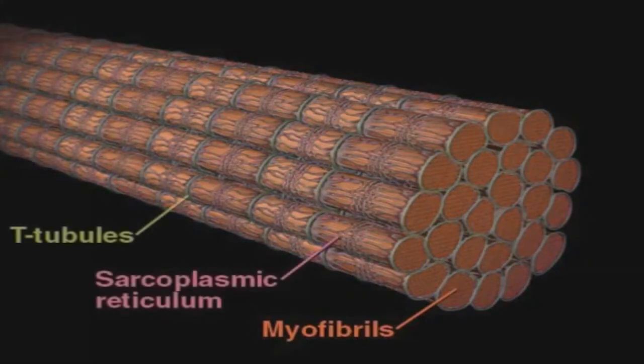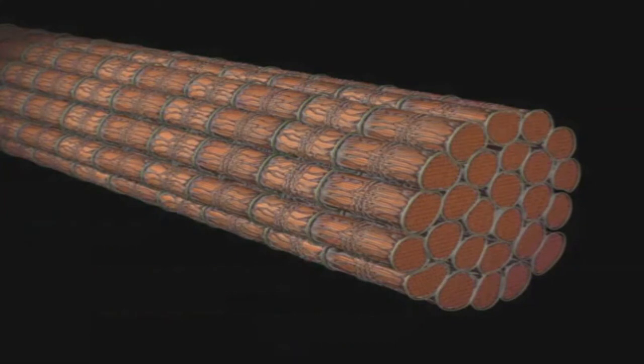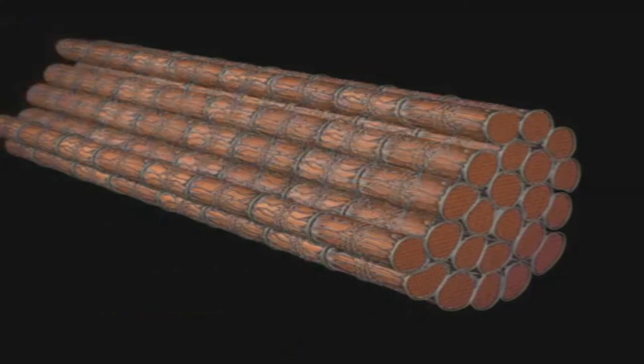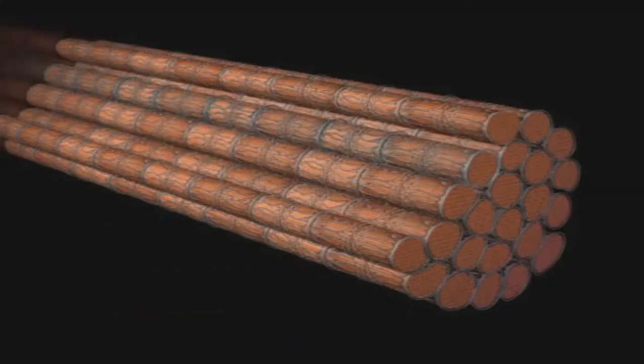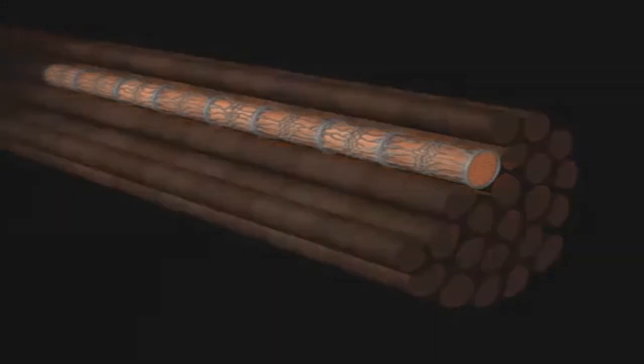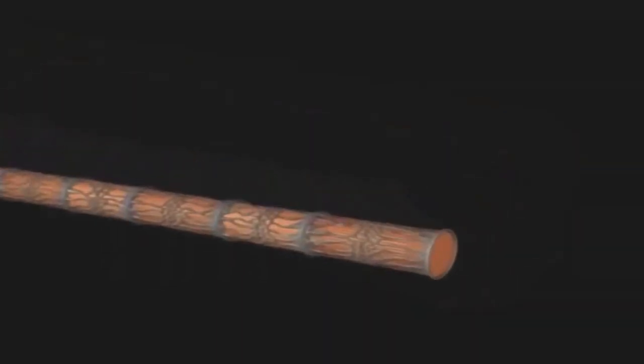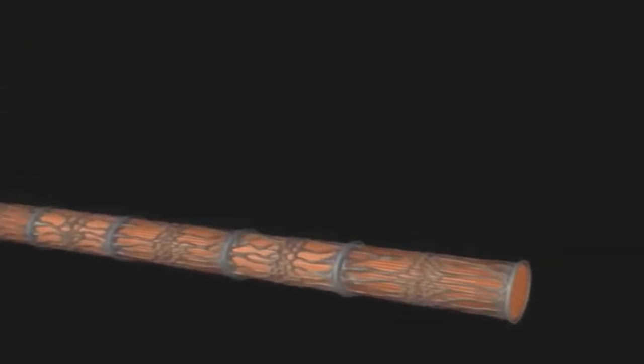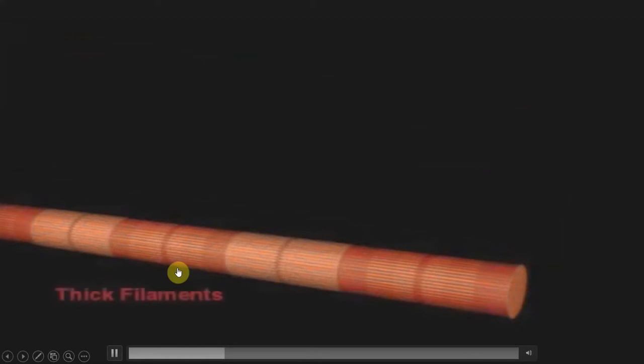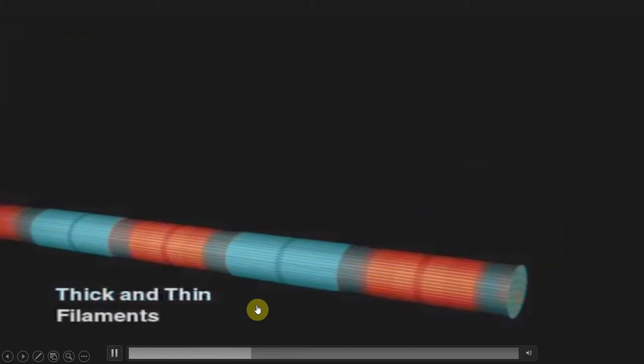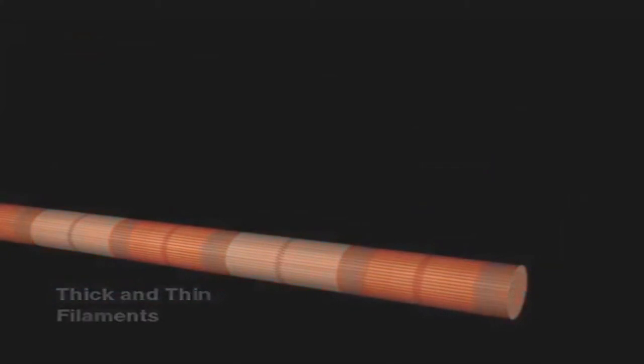Sarcoplasmic reticulum. These are the thin filaments and thick filaments, alternately red and blue in color, thick and thin filaments.